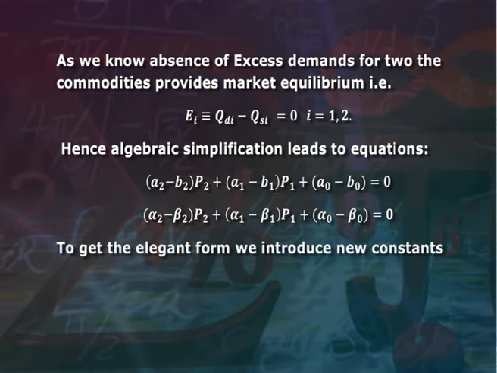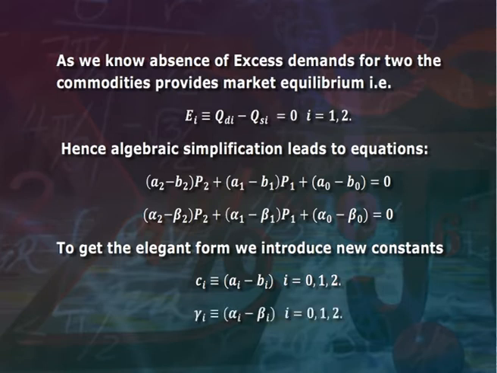To get an elegant form, we introduce new constants Ci identically equal to Ai minus Bi for i equal to 0, 1, 2 and gamma i identically equal to alpha i minus beta i for i equal to 0, 1, 2.